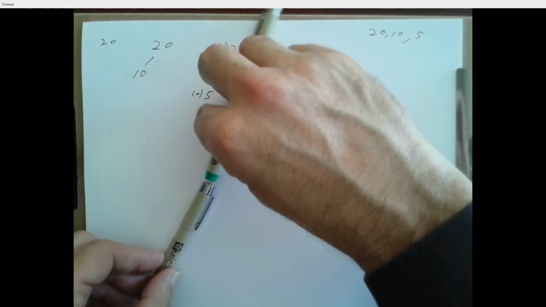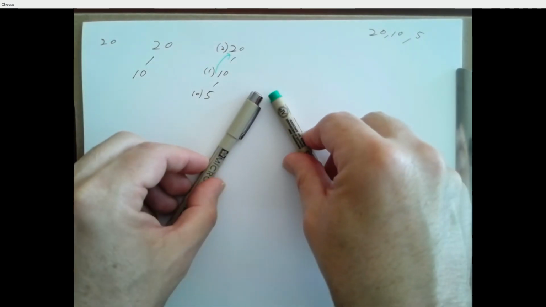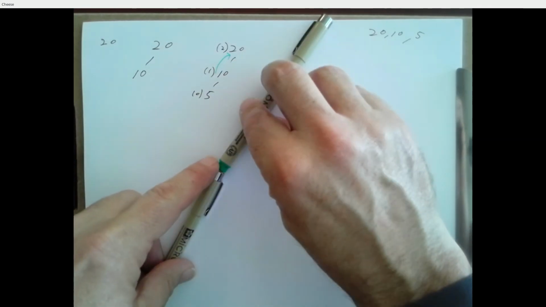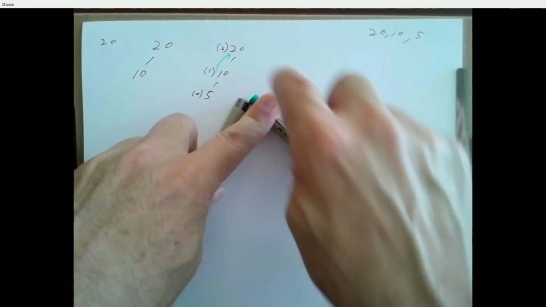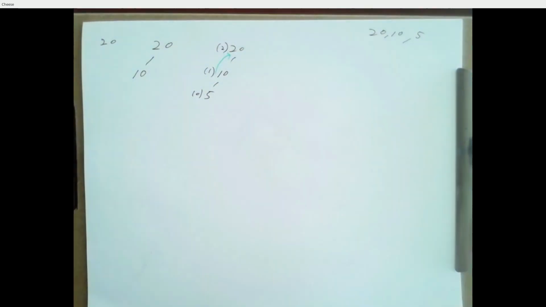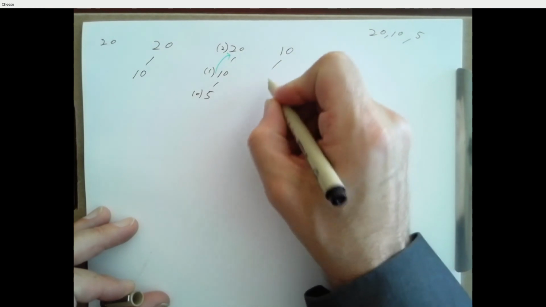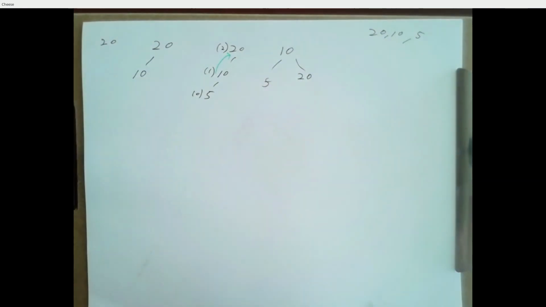And it's kind of going to the right. It's going clockwise. So what does this mean? Take this middle node, put it up at the root, take the node that was the root, bring that down to the right. And so this is going to turn into this. And that's going to be balanced again.